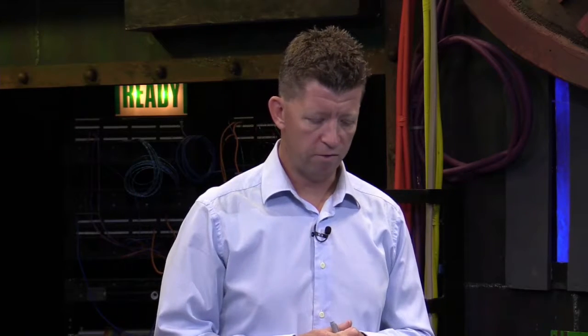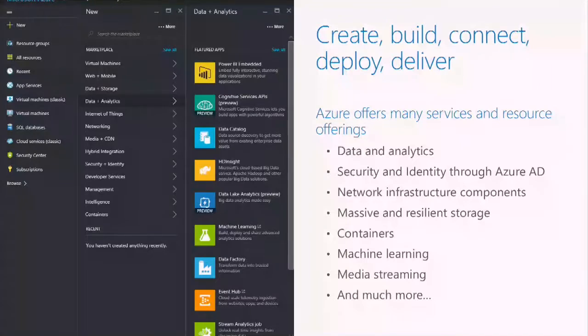There are literally hundreds and hundreds of different things. The marketplace, as we mentioned, is where you find that. And so as examples of some of the things you can find in the marketplace: data and analytics options, security and identity, infrastructure. I can create networks, I can create firewalls, I can create rules, I can create massive storage and cheap storage, create containers, machine learning.